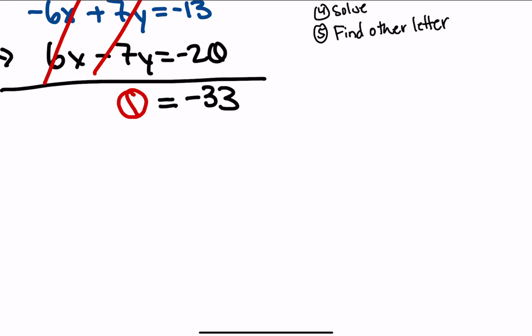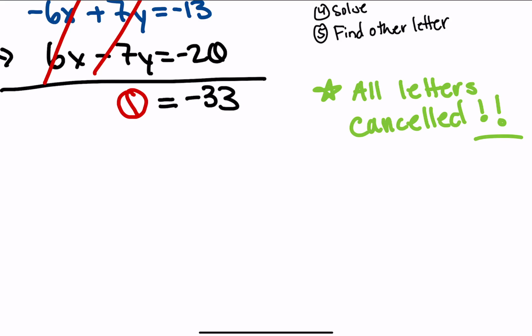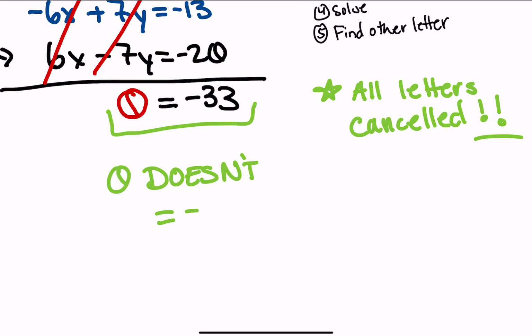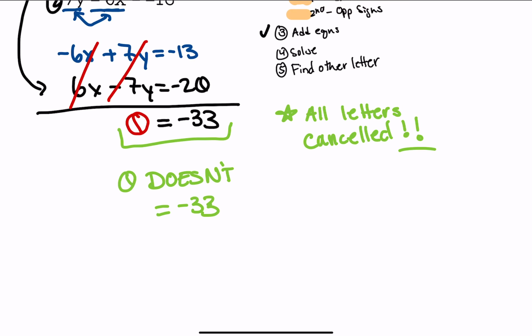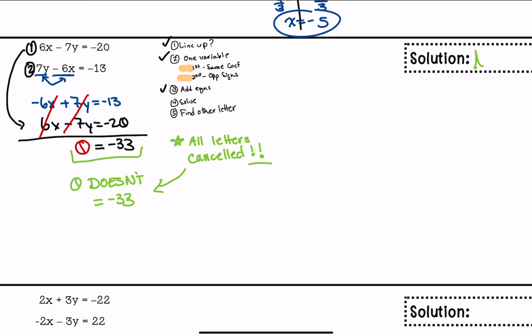So once again, all our letters canceled. But we're left with this statement. 0 equals negative 33. Is that true? No siree, Bob. 0 doesn't equal negative 33. And whenever all letters canceled and we're left with something that is not true, that means we have a no solution.